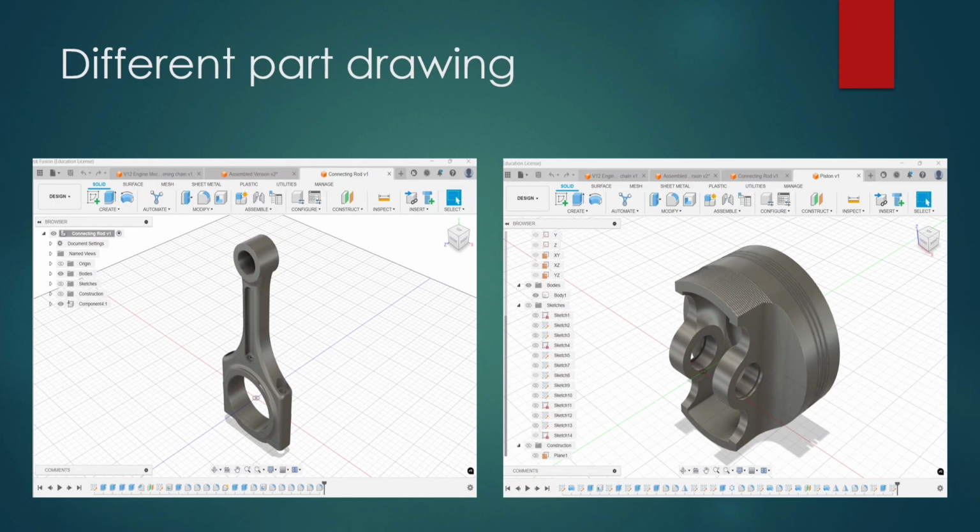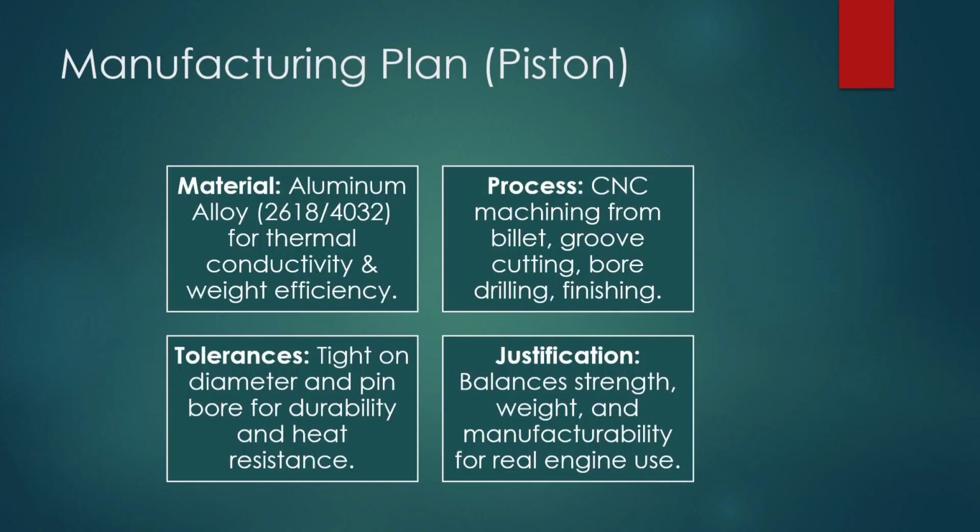Now I'm going to talk about the manufacturing plan we had for the piston, because we only did the piston in CNC milling programming. We used aluminum alloy for thermal conductivity and heat resistance, since a V12 engine will produce so much heat, and it will help reduce the heat as much as possible.